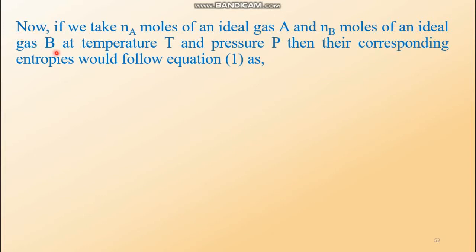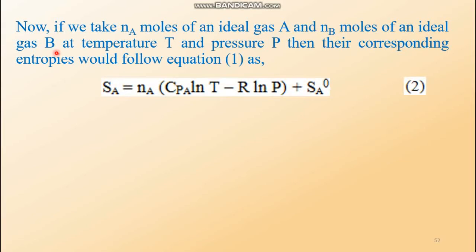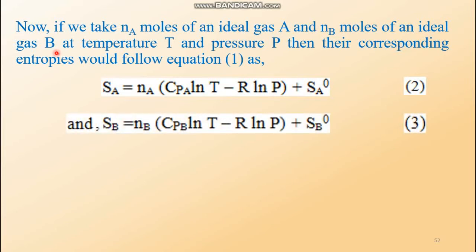Okay, so the individual expressions of entropy of these 2 gases A and B give equations 2 and 3. Equation 2 is the entropy expression of gas A and equation 3 is the entropy expression of gas B, while these 2 gases are individually independent, they are not mixed up. On the right hand side is just the expression of equation 1.